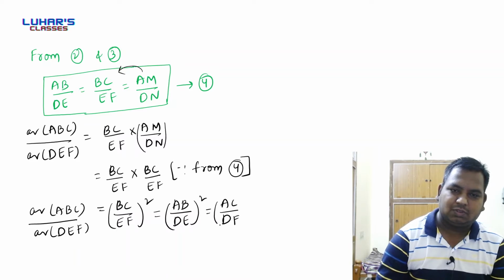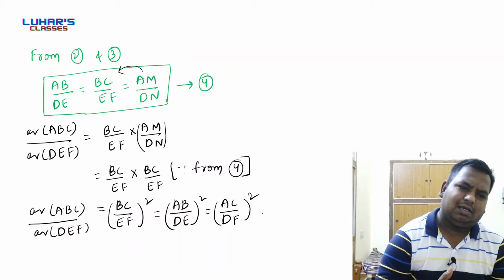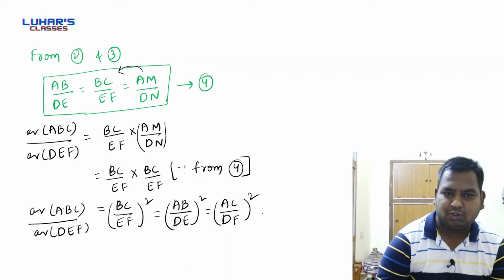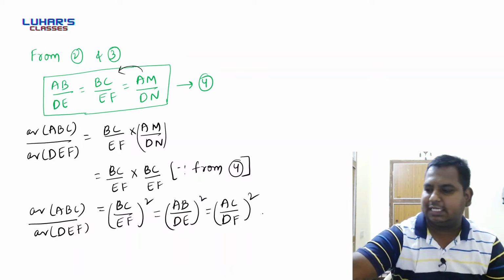Okay, so hence we proved that the ratio of the areas of similar triangles is equal to the square of the ratio of corresponding sides.